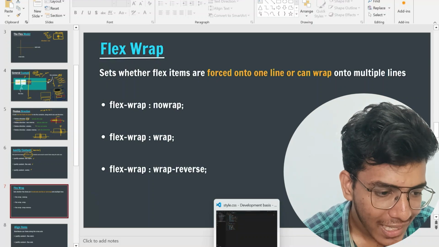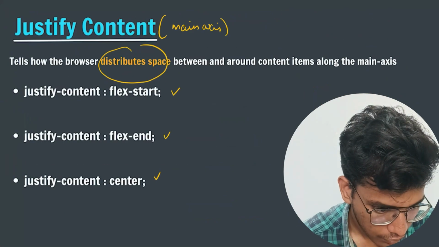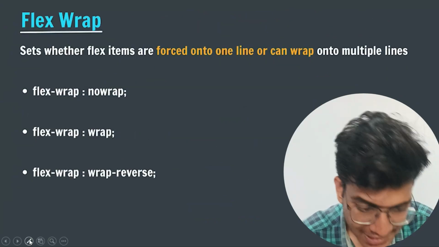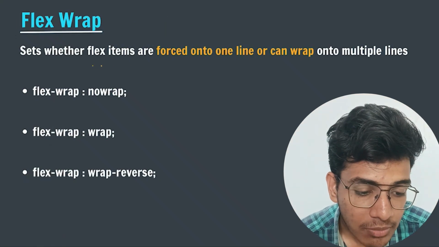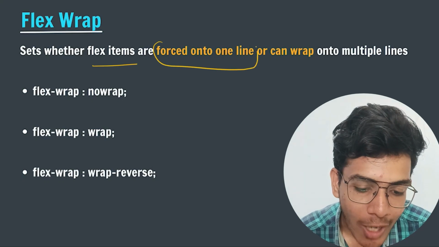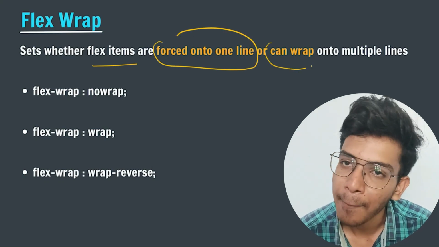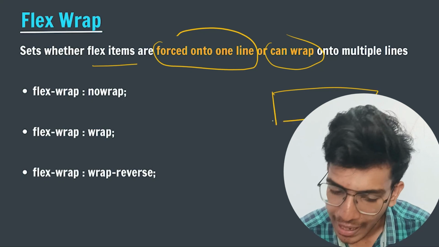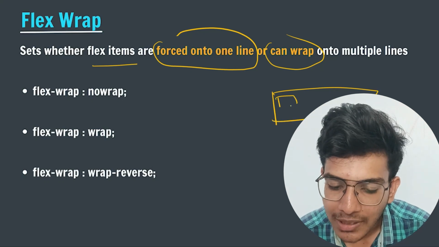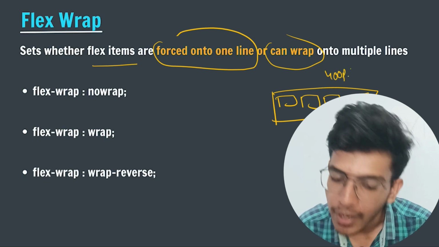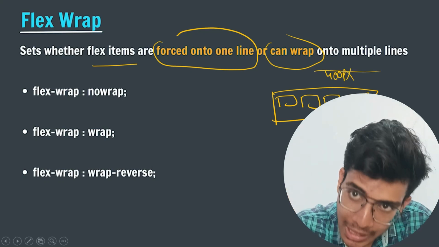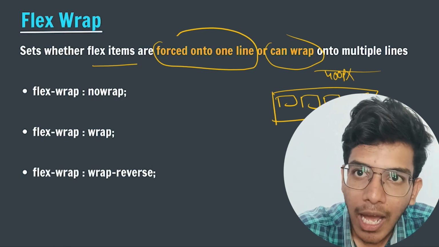Flex wrap is used to set whether flex items are forced onto one line or can wrap. For example, when I have given 400 pixels, the elements are coming like this. 400 pixels is not getting applied, and I want that to be applied.